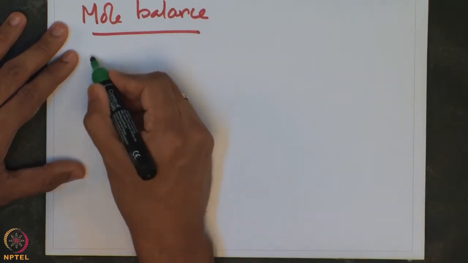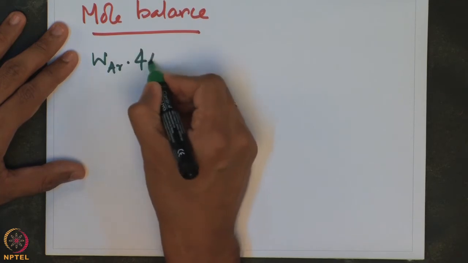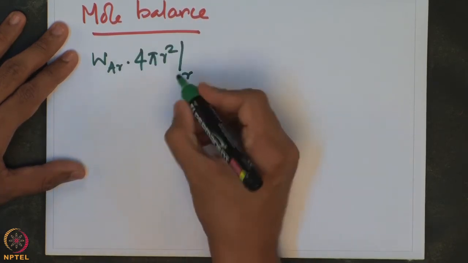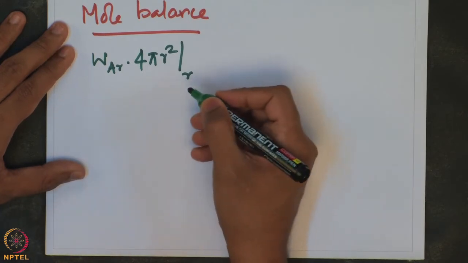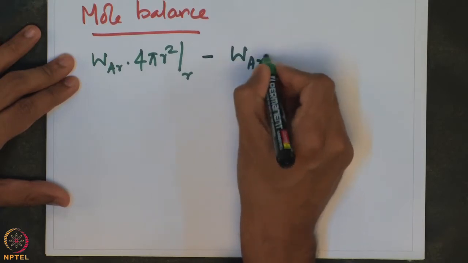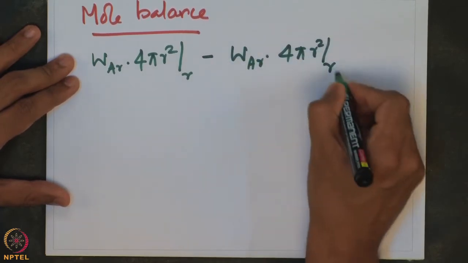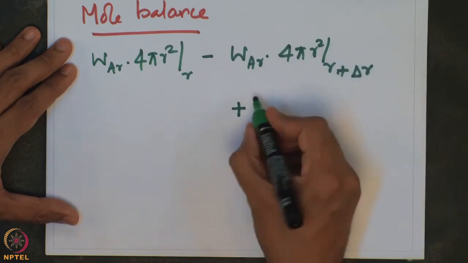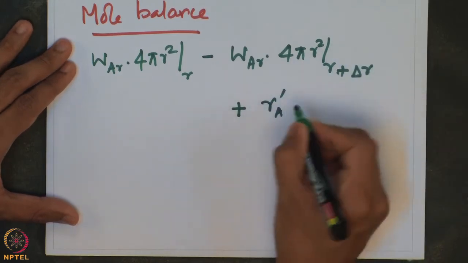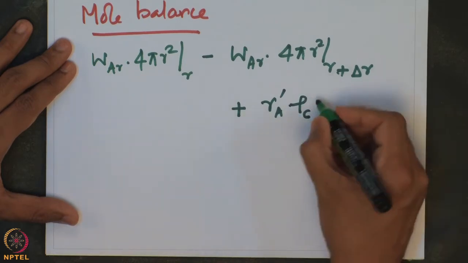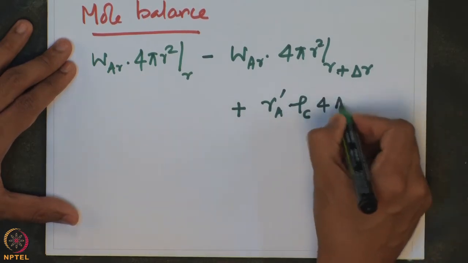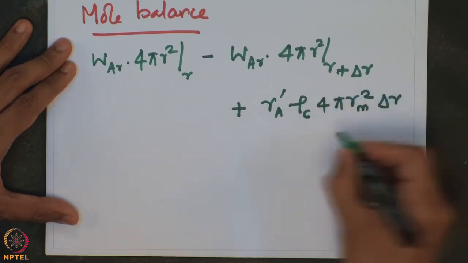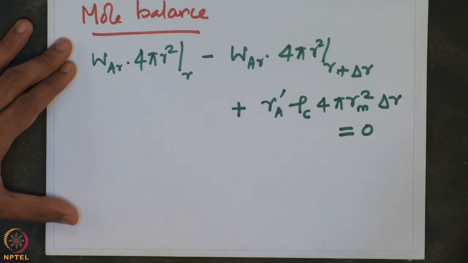What comes in is WAR into 4 pi R square at R. Note that, as per the convention, the species is coming into the element at R and leaving out from the element at R plus delta R. So, that minus WAR into 4 pi R square at R plus delta R, plus the rate at which it is generated, which is Ra prime into the density of the catalyst multiplied by 4 pi Rm square into delta R, should be equal to 0 because we assume that the accumulation is 0.